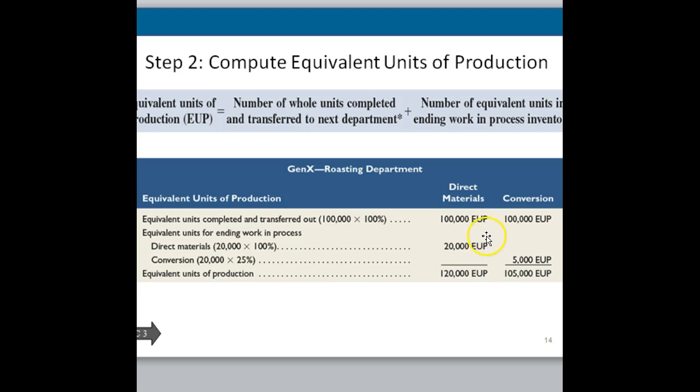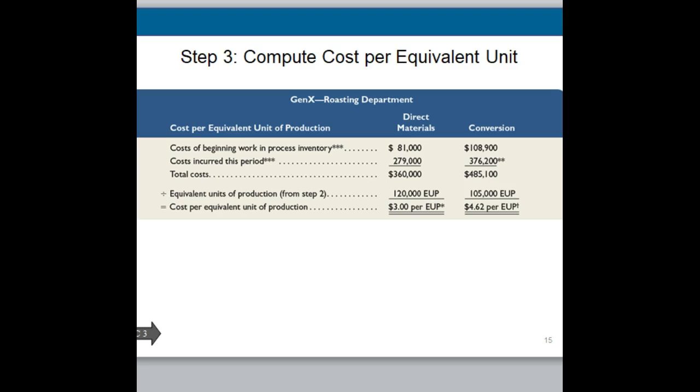So that means I have direct materials total for this period, 120,000 units to cost out. But when I go to conversion and add that up, I only have 105,000 because these are not complete. So that takes us to our next step, computing the cost of equivalent unit. So what were my costs? Well, if I go back and find my beginning cost for my work in process, it was 81,000 and 108,900.